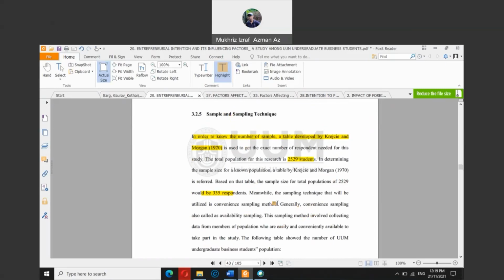In the next lecture this coming Thursday, I will discuss a bit more on the different types of sampling technique. But of course the most popular ones are simple random sampling and convenience sampling, meaning that in convenience sampling you only send out the questionnaire to those that are available.